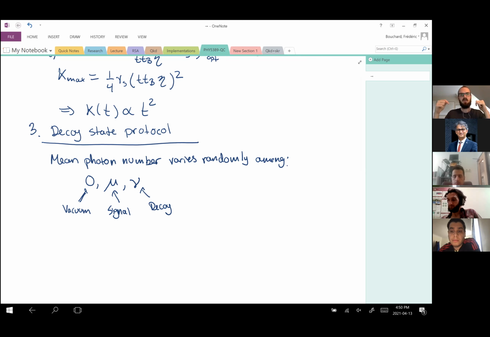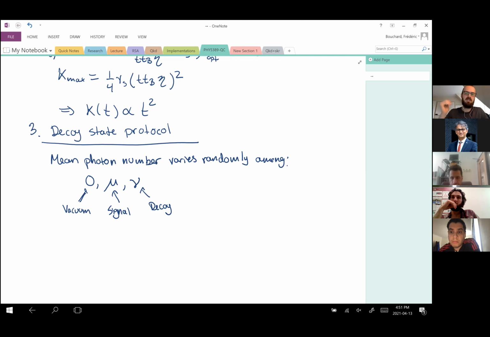And the point of this is, if Eve is doing this trick where she blocks single photon states and only allows 2 photon states, to take one of them and measure it, you can actually see if there's something weird going on. Because if Alice sends a signal state that has a higher mean photon number, and she sees that that one is usually more efficient than when she sends a decoy state that has a lower mean photon number, and that one seems to be less efficient, then you sort of know that there's an eavesdropper blocking the single photon state and only letting go the 2 photon state.